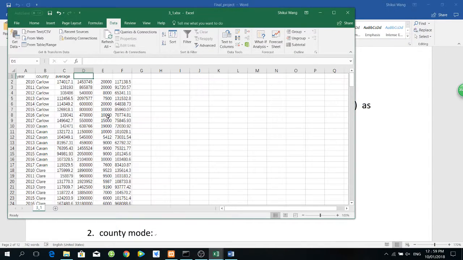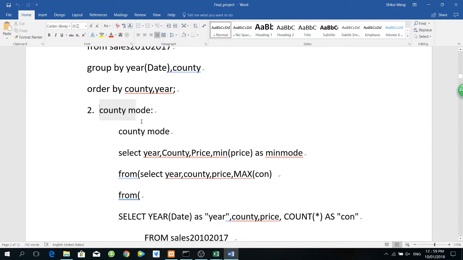So that's the result I got, and this is for the max, that's for the mean, and this is for the standard deviation. And the second one is for the mode.